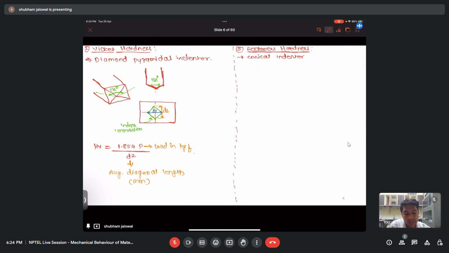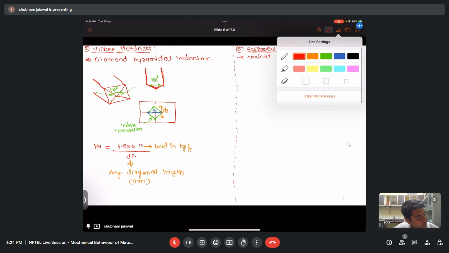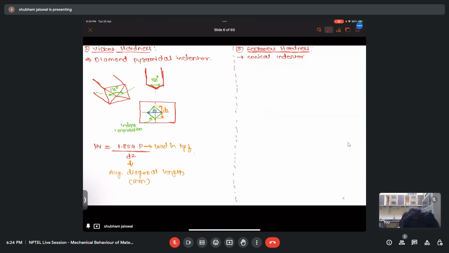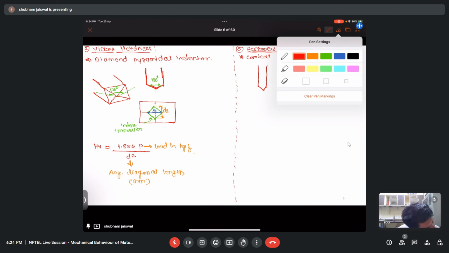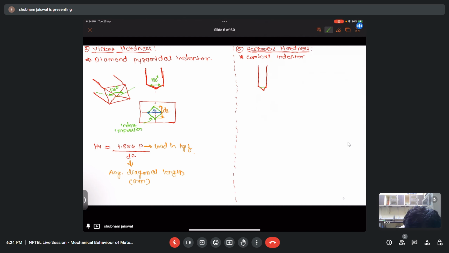Okay, so we use a conical indenter, and it will have an angle of 120 degree, and sometimes we use steel balls as well.